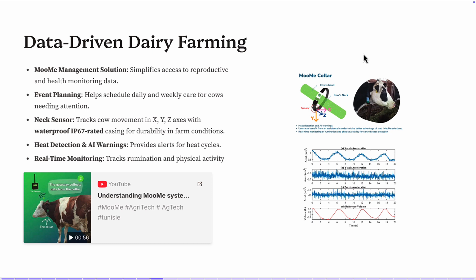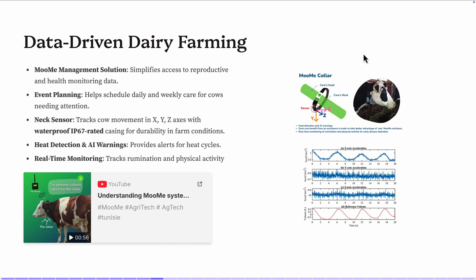So we can monitor every cow individually through an interface. We can receive an alarm if there is a health problem with a particular cow. And all of this is by analyzing this data. This data might look like noise, but using advanced signal processing and machine learning techniques, we are able to convert it into meaningful information.